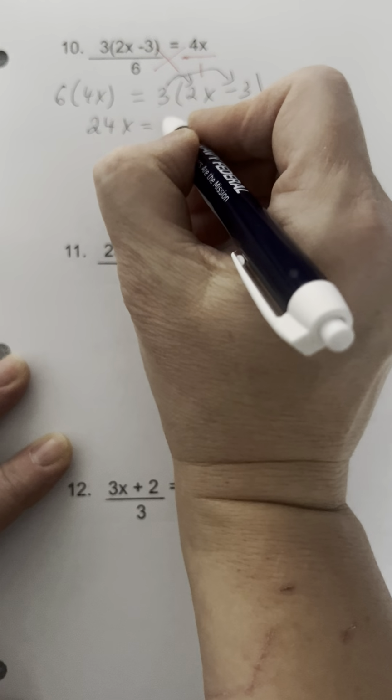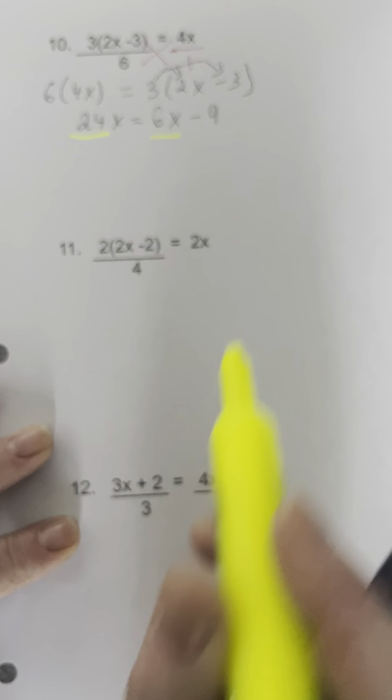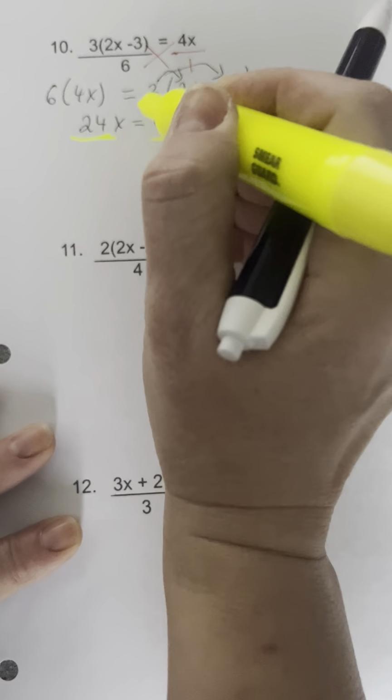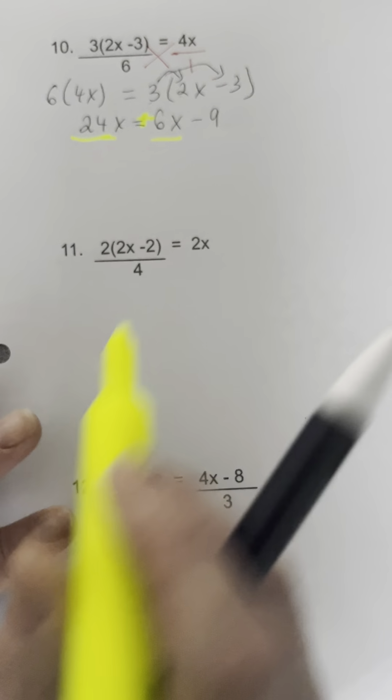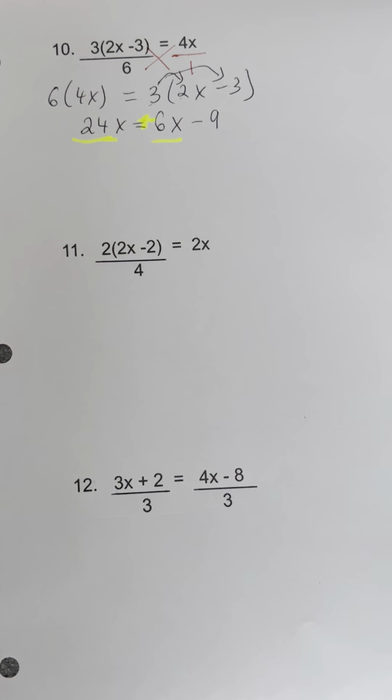Now again, we have 2 variables. We would like to end up with 1. So same deal on this one. I'll put my plus there. Imaginary plus, so opposite operation, minus 6x. On this side, it cancels out.